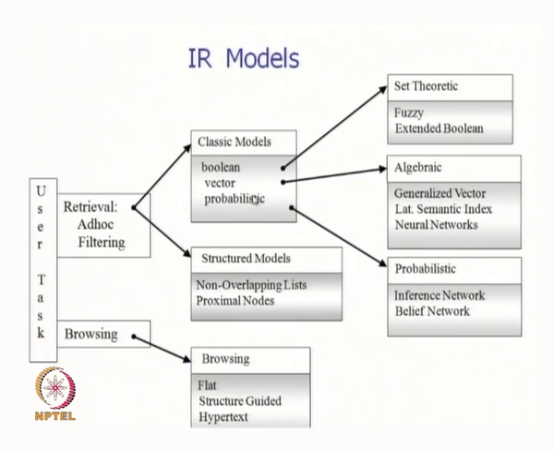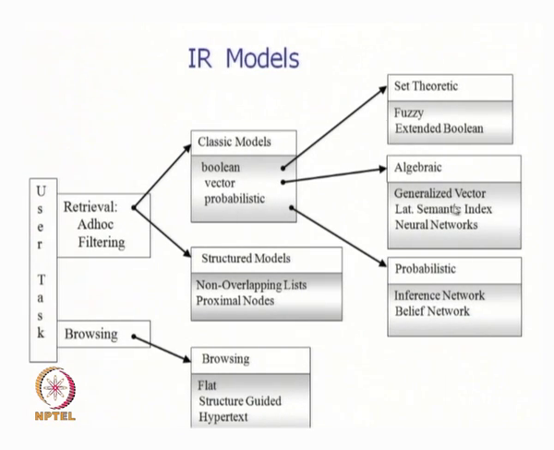Boolean, vector and probabilistic models of IR or relevance refer to set theoretic modeling, fuzzy modeling, extended Boolean modeling, algebraic modeling, generalized vector, latent semantic indexing, neural networks. Probabilistic is inference networks, belief networks. So, under set theoretic we have fuzzy and extended Boolean modeling.